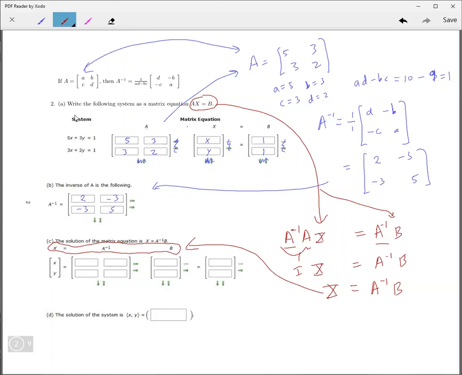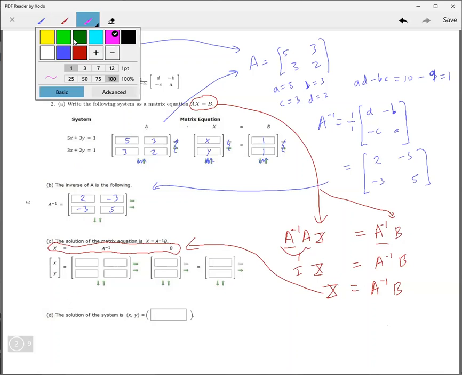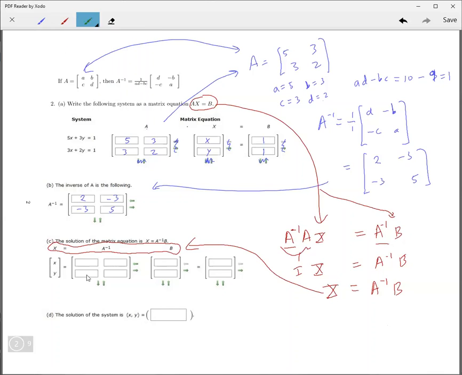So we put the entries in, the A inverse entries, 2, -3, -3, 5, and then the B entries, which are 1, 1. And then we calculate this. So 2 times 1 is 2. -3 times 1 is -3.